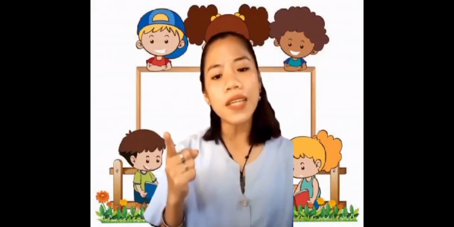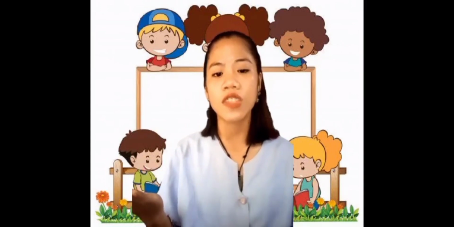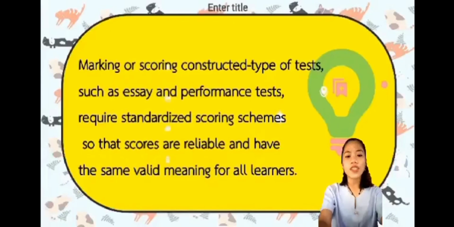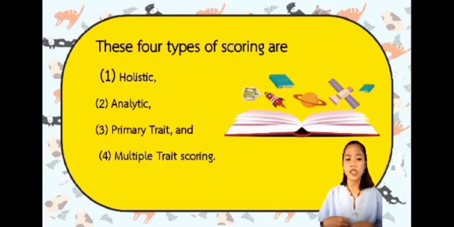So, standard setting is the process used to distinguish between competent and incompetent students. This is achieved by determining the score or mark associated with the level of skills or knowledge of our students, or the standard. In standard setting, marking or scoring constructed-type tests such as essays and performance tests requires standardized scoring schemes so that scores are reliable and have the same valid meaning for all learners.